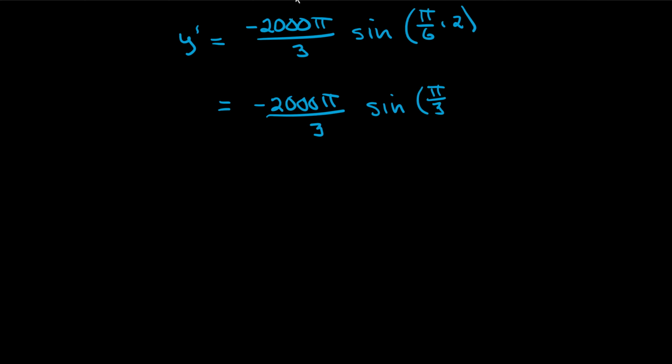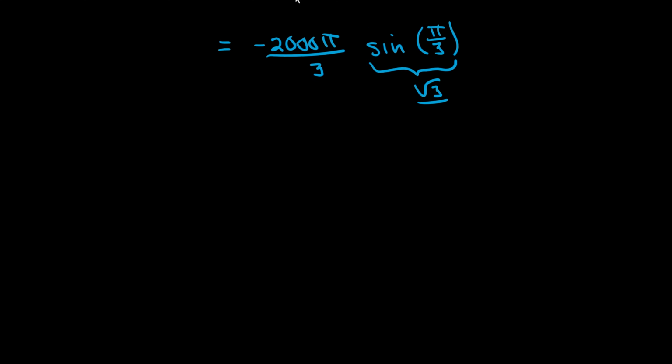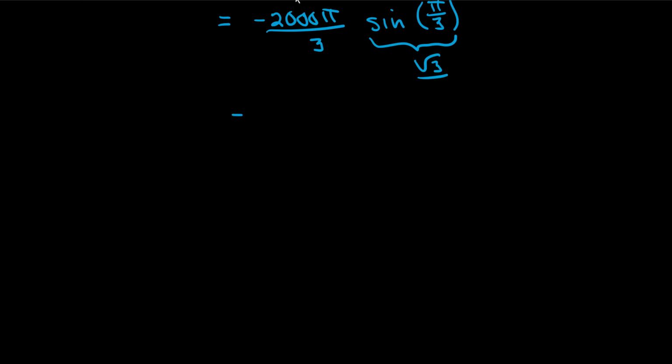You know the value of sine of pi over 3 by looking at your unit circle: it's square root 3 over 2. So we can rewrite this as negative 2,000 times pi divided by 3 times the square root of 3 over 2. Hey, those 2's will cancel, and this will become minus 1,000.